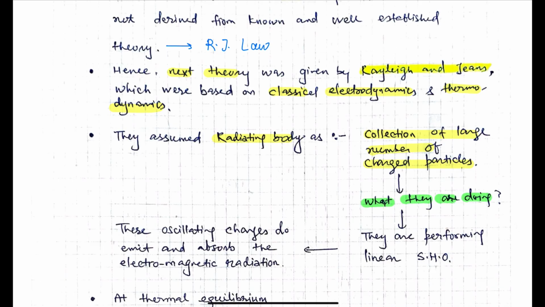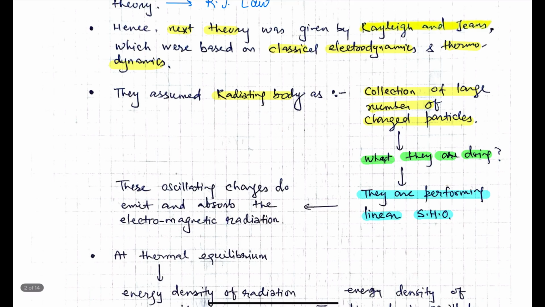The answer is very simple. They are performing linear harmonic oscillation. Oscillation means doing something repeatedly in a periodic fashion. These oscillating charges emit and absorb electromagnetic radiation while maintaining thermal equilibrium.